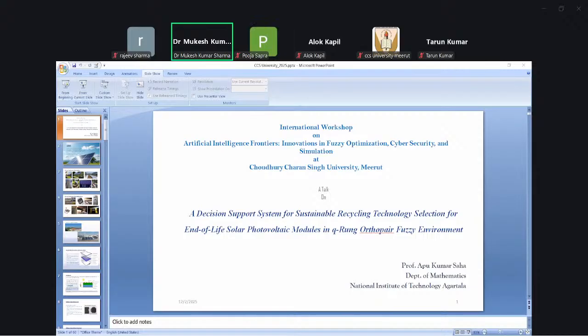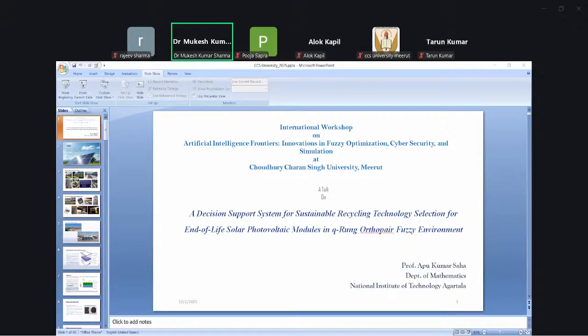Now these are some well-known aggregation operators. I am talking about Q-rung orthopair fuzzy first; in other fuzzy sets there are also a lot of aggregation operators. In Q-rung orthopair fuzzy there is first the Q-rung orthopair fuzzy weighted averaging operator. Then in 2018 the Q-rung orthopair fuzzy weighted geometric operator.